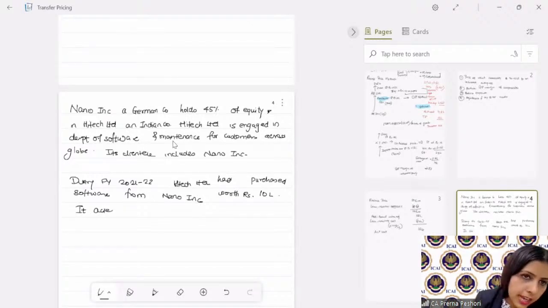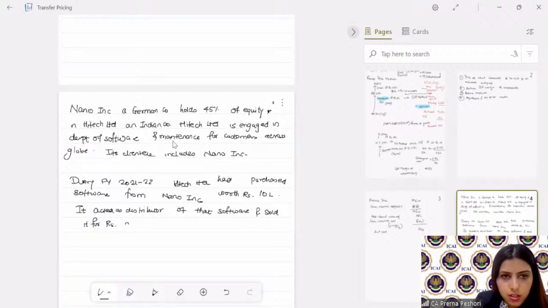It acted as distributor of that software and sold it for rupees 25 lakhs to customers in India.